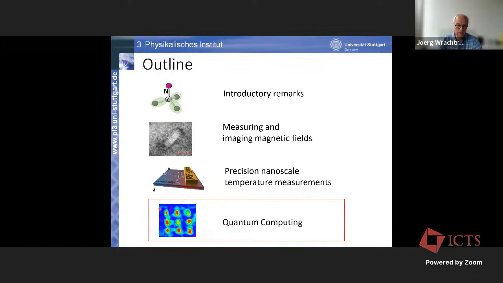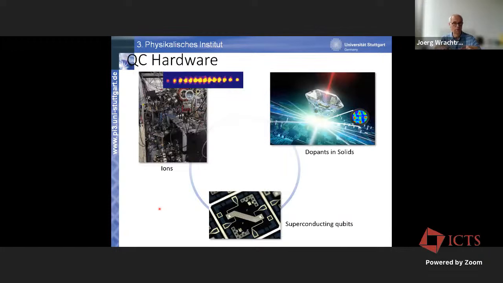All right, so as you know, there is now a worldwide race for the optimum hardware of quantum computers, and certainly there are leading systems like superconductors, right? There are the big companies advocating microwave quantum bits made out of superconductors.